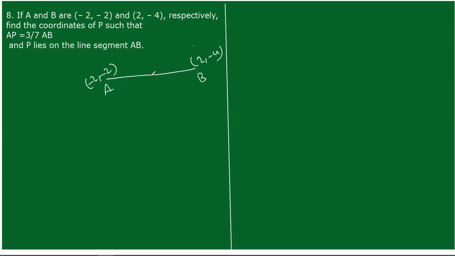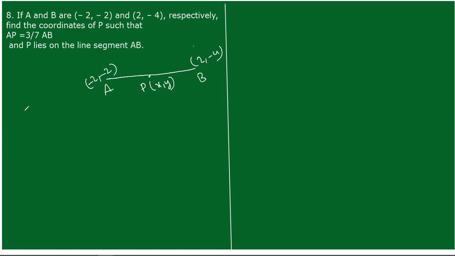So there is a point in between the AB line segment. P point is there. So let's take x and y now. So this AP is equal to 3 by 7 AB. Okay, he gave the ratio actually, but he gave it indirectly.